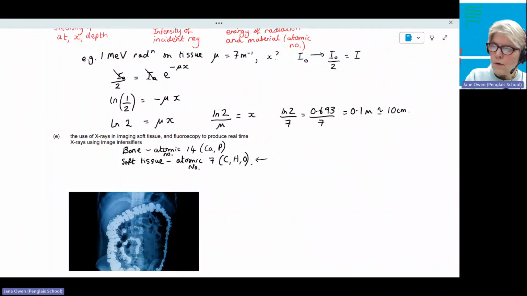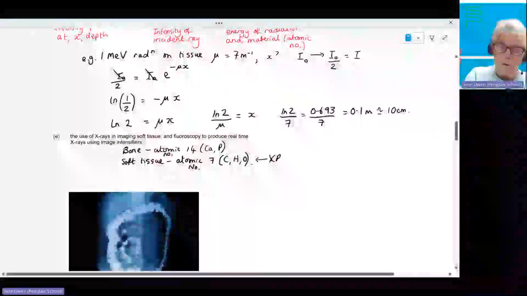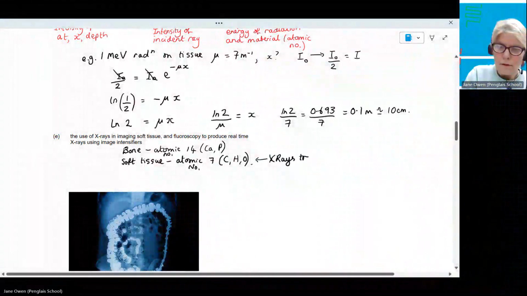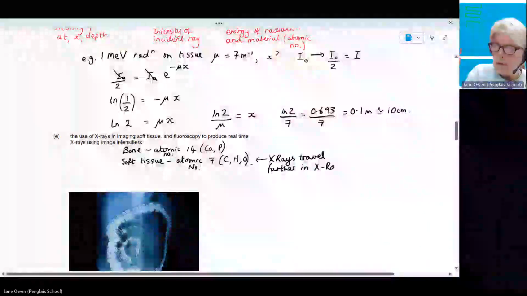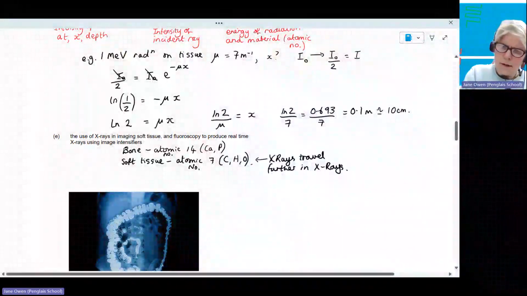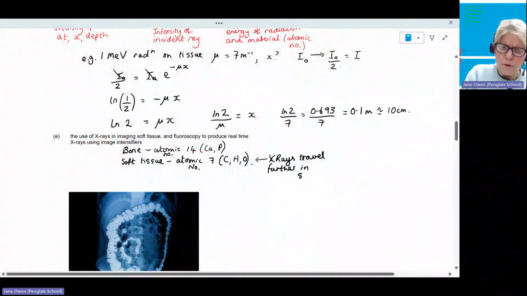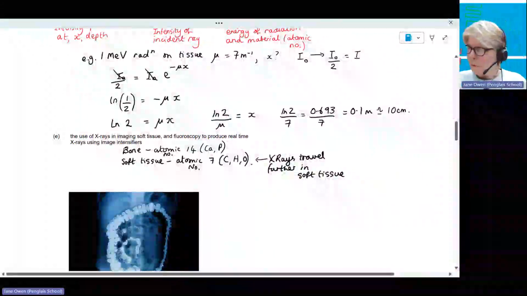So X-rays travel further in soft tissue before they're absorbed.